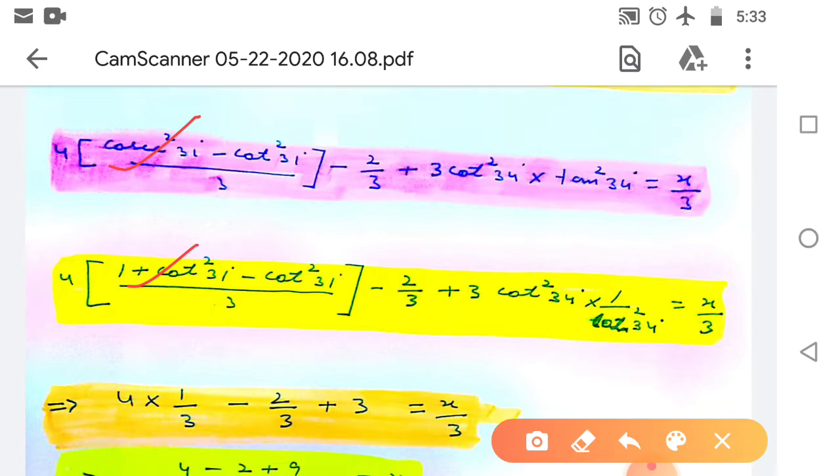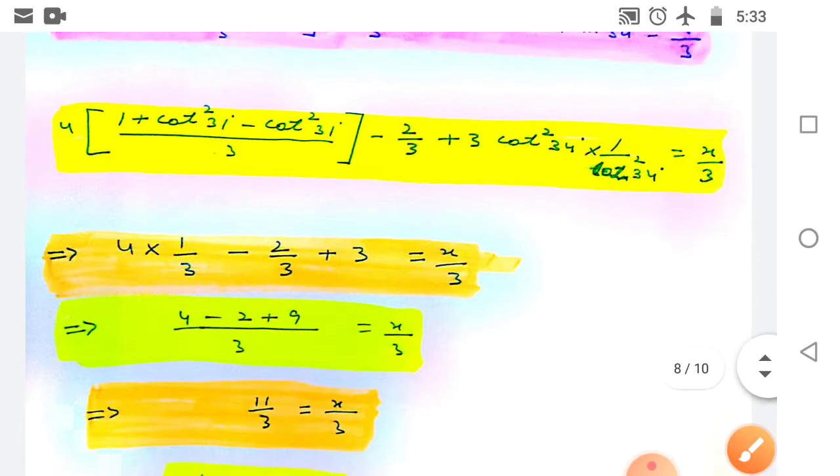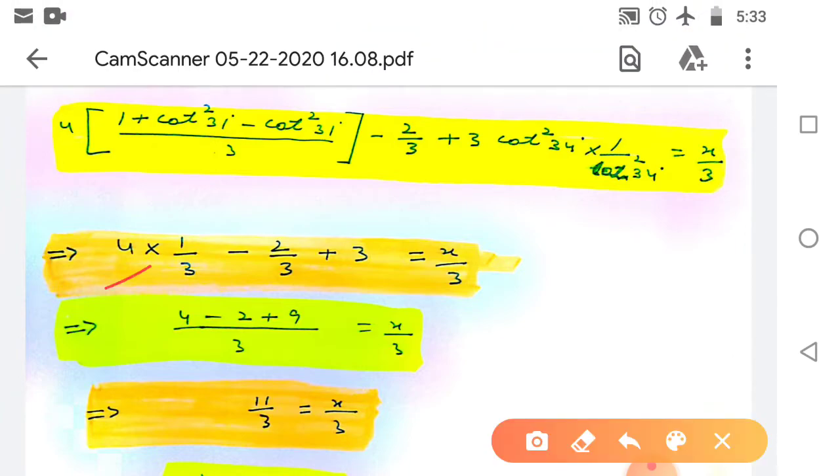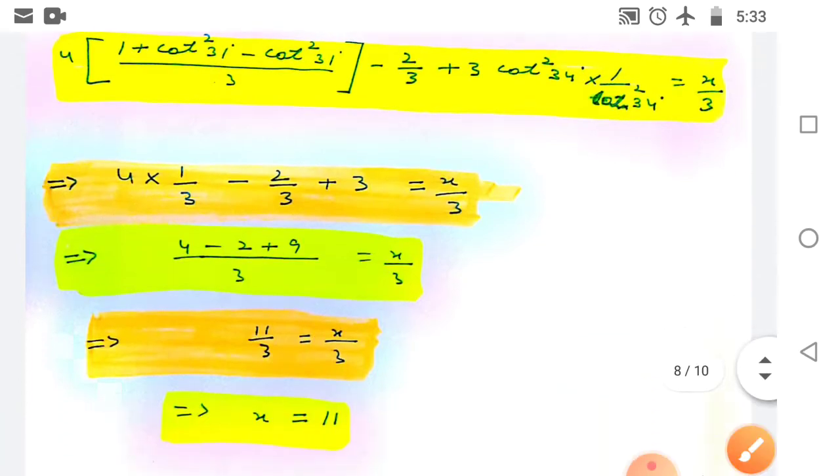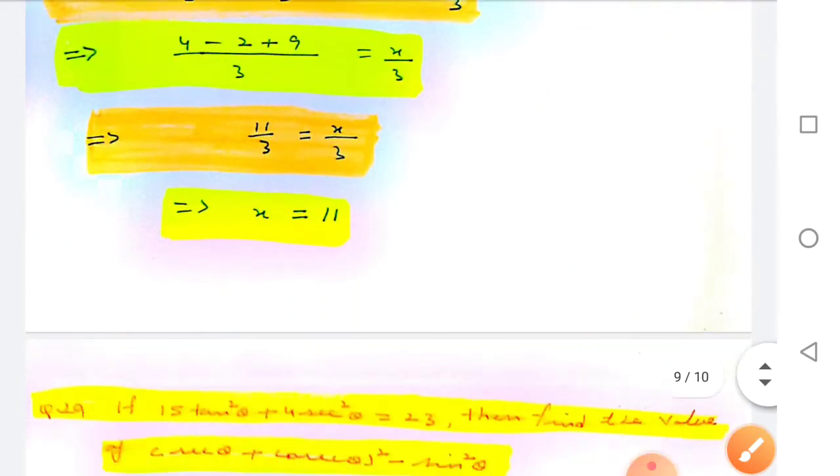And here instead of writing tan square 34 we write 1 upon cot square 34, this is cancelled and this is also gone, and finally we get 4 into 1 by 3 minus 2 by 3 plus 3 is equal to x by 3. You take the LCM on the left hand side, it becomes 11 by 3 is equal to x by 3, and this is our value of x, which is 11.